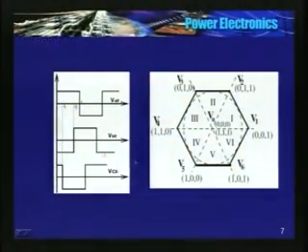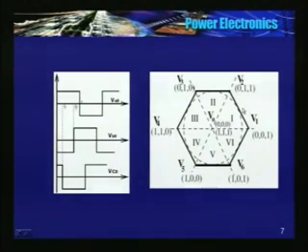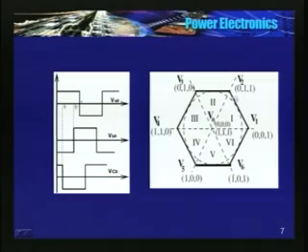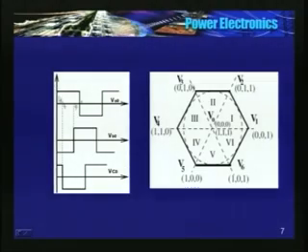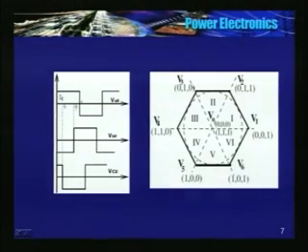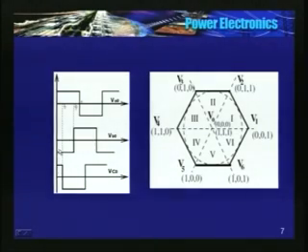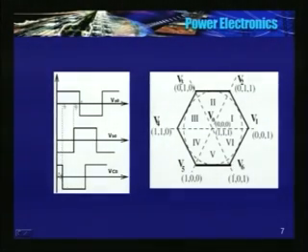See, now take the pole voltages for 180 degree conduction, VA0, VB0 and VC0, for each active vector. The space vector is occupying one of these 6 places. For example, A phase is 1, B phase is 0, C phase is 1.